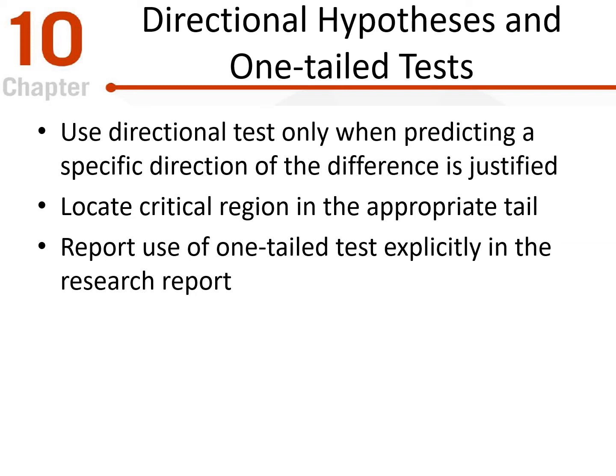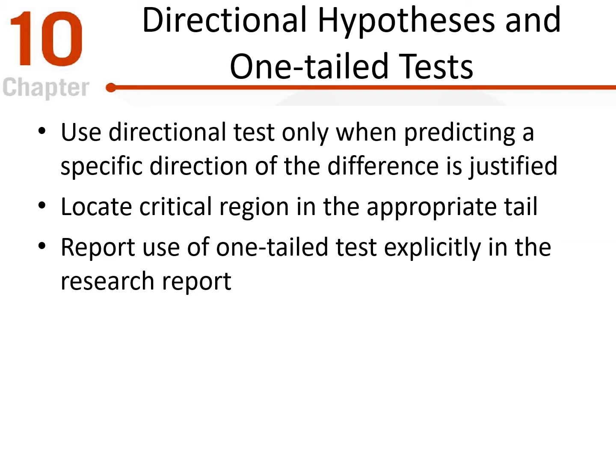If you're using a directional test to look for an increase, you're never going to find the decrease if it shows up. Sometimes we don't know exactly what's going to happen, and we get huge results in the opposite direction of what we think is going to happen, and we can't find those big, accidental results when we use a directional test.